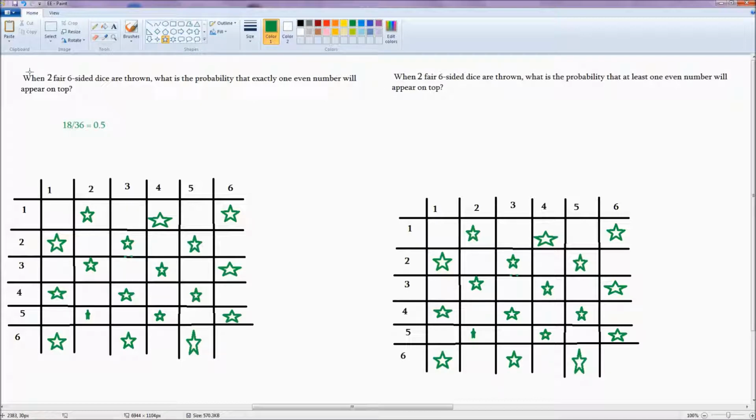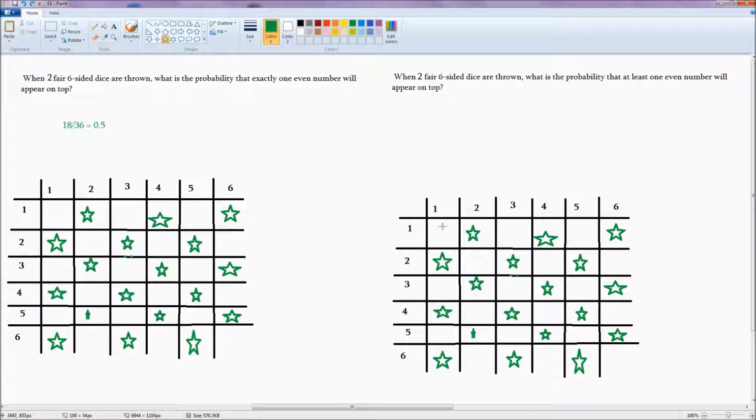The difference between these two is that the one on the left asks for exactly one even number, while the one on the right asks for at least one even number. That means anything that has more than one or exactly one falls under this condition.